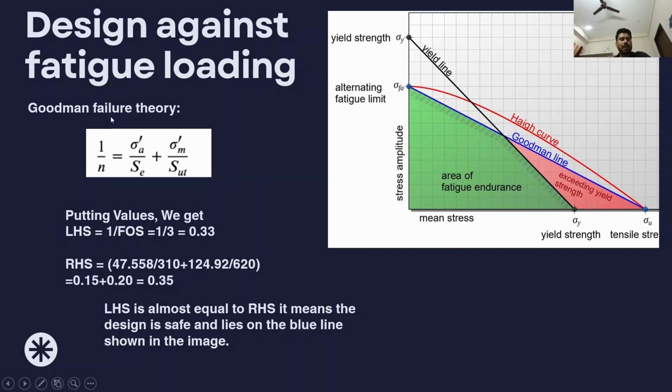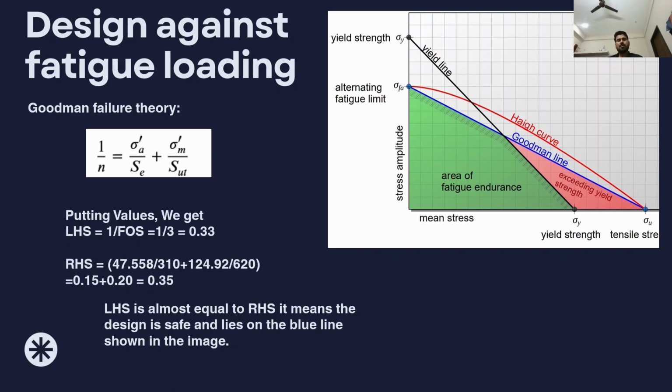For our case, it is the Goodman failure theory, and if we put our values in the left hand side, we get 1 upon FOS, 1 upon 3, which is 0.33, and on the right hand side, putting sigma a 47.558 calculated in the previous slide divided by endurance limit 310 MPa, plus mean stress 124.92 divided by 620, and summing 0.15 plus 0.2 gives me 0.35.